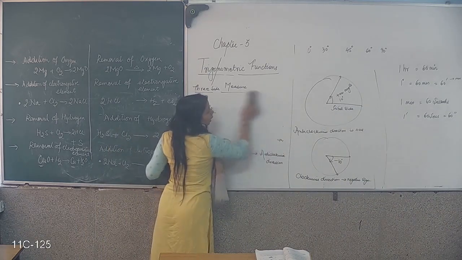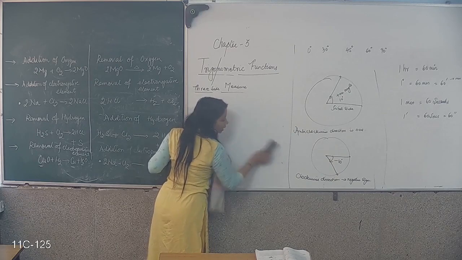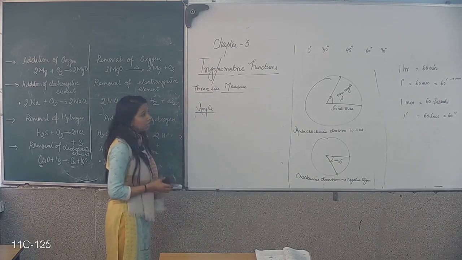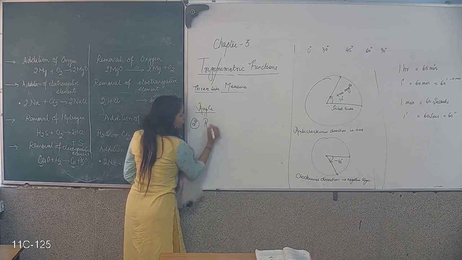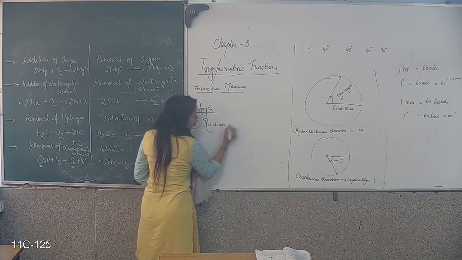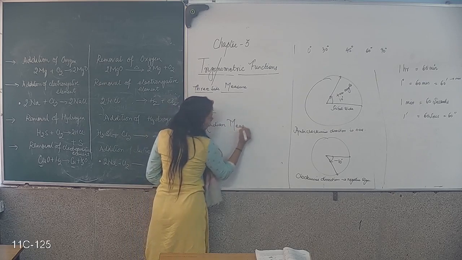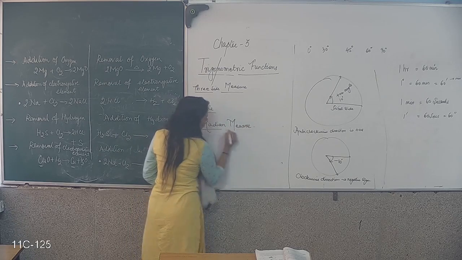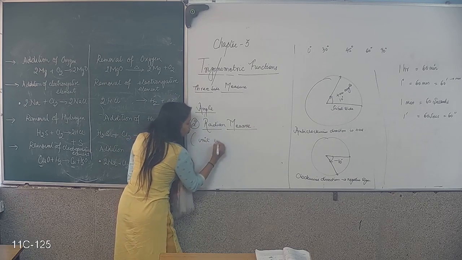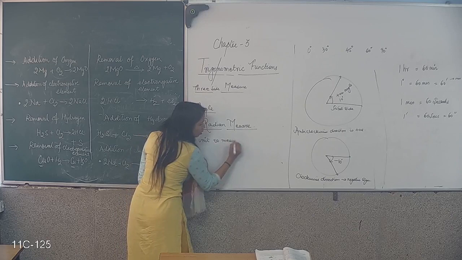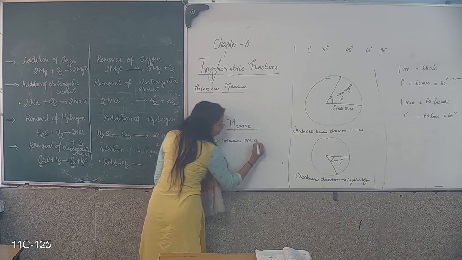Now, in order to measure angles, there is another method coming into the picture, that is the radian measure. Okay? This is also a unit to measure an angle.